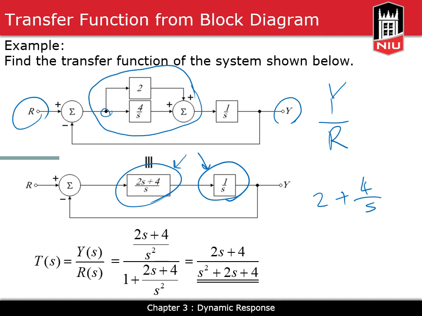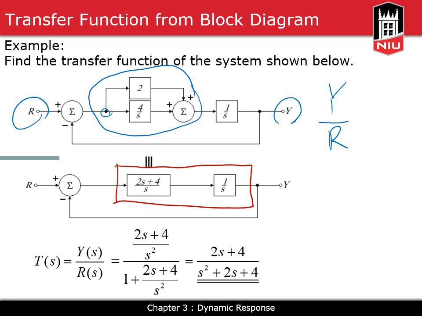So before getting to the final answer, let me write that here. The equivalent to these two will be equal to 2s plus 4 over s times 1 over s.